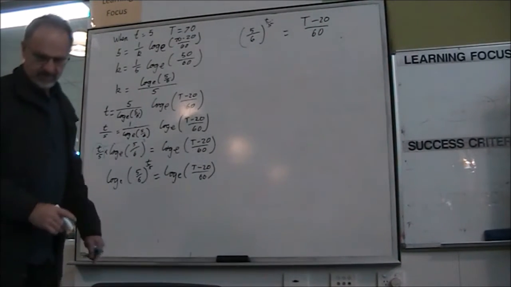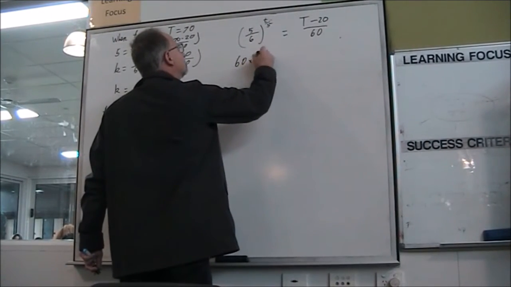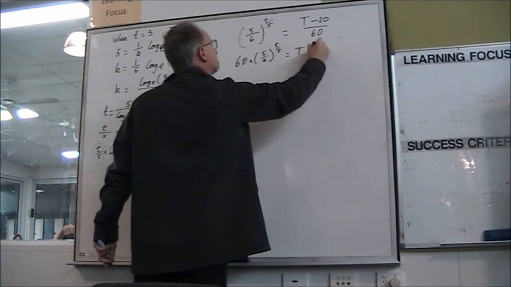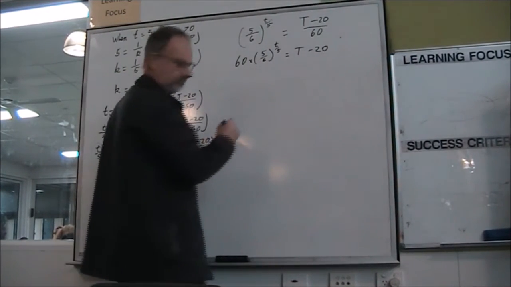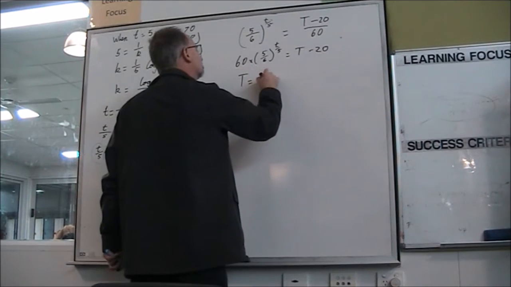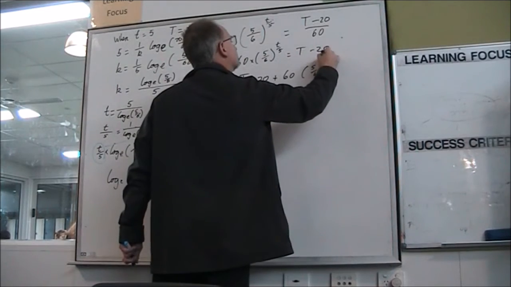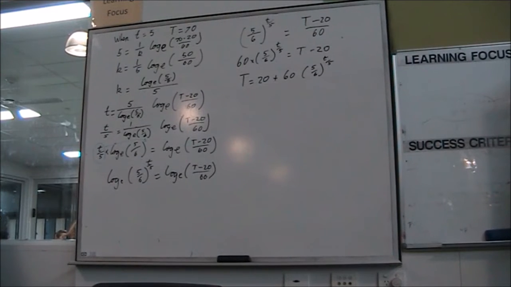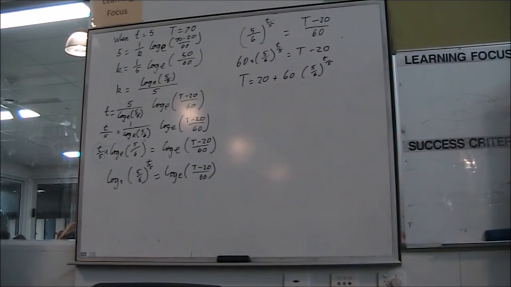And the last bit, times by 60. Add 20. And that is our temperature at any time, so a bit more complicated.